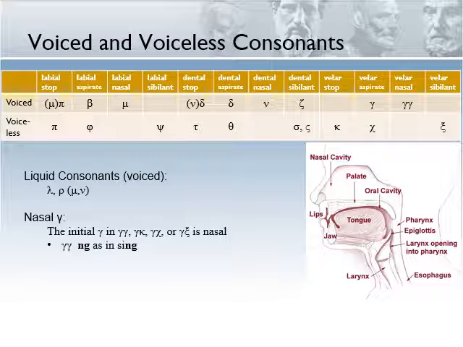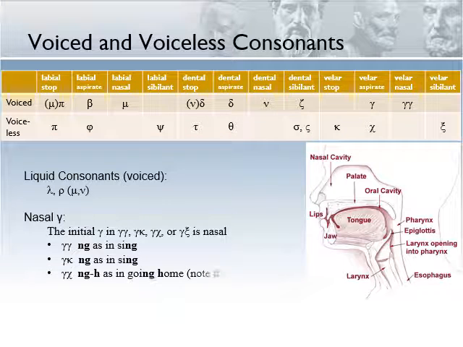A double gamma by itself sounds like ng in the word sing or song. A gamma kappa also will sound like ng.